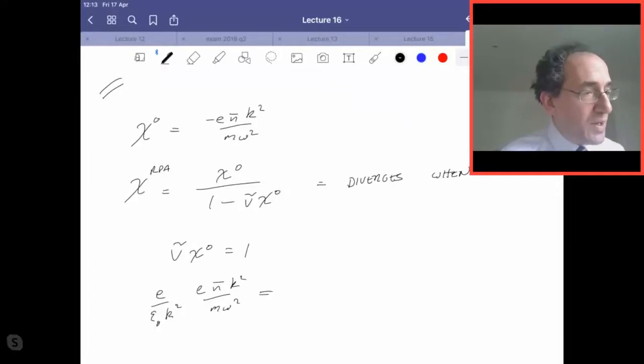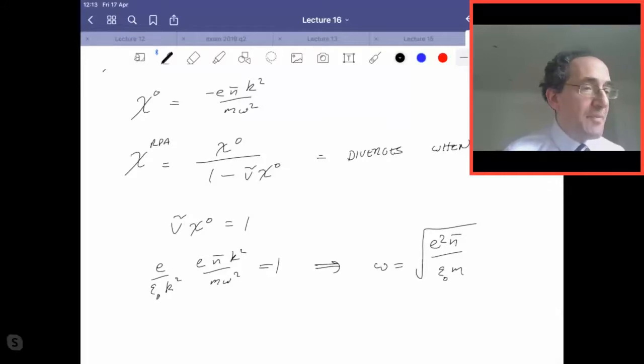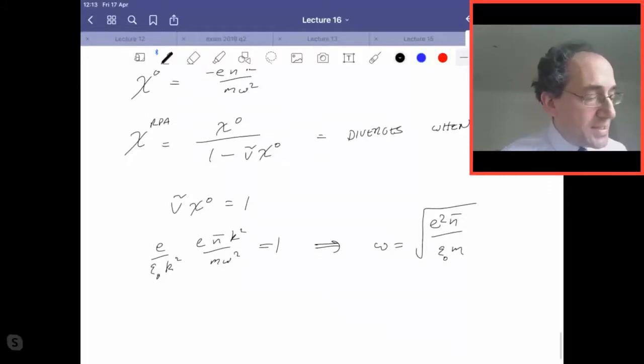When that thing equals 1, that condition is the same as omega equals the square root of e squared n bar, the density, over epsilon naught m. And this is known as the plasma oscillation.